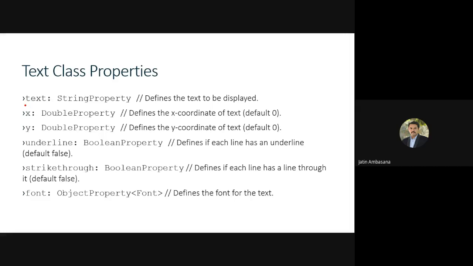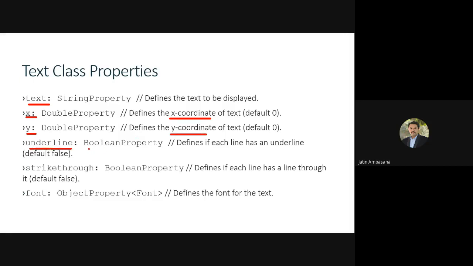So these are some of the properties of the Text class. The text itself, the string property, defines the text to be displayed. X is a double property. So these are the names by which these are known, and these are the types. Text is a string, X is a double value, Y is a double value, defining the X and Y coordinates of the text.